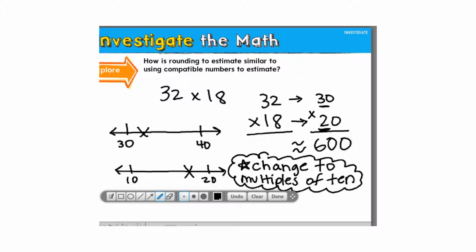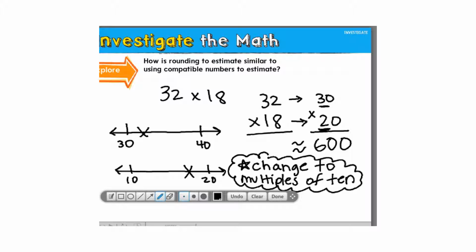That's why you see both of those words up there. You see rounding and compatible numbers in this question, because we're kind of using both. You're rounding because you're either making it up or down, but I'm not rounding to like 35. I'm rounding to the nearest 10, which makes it a compatible number, because we like to multiply tens because it's easier.